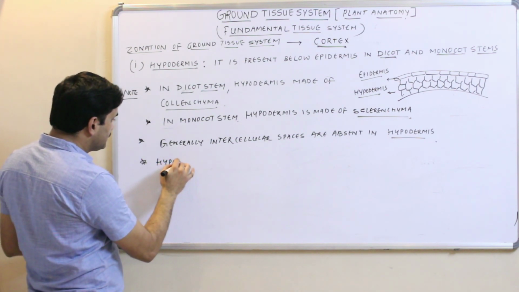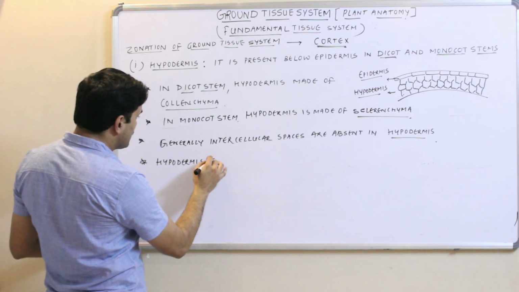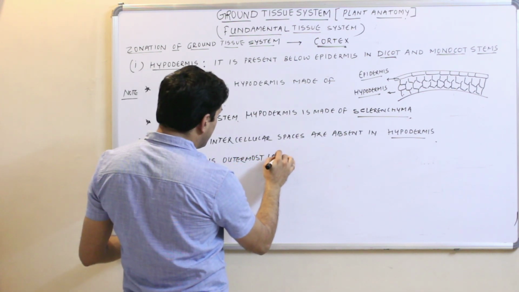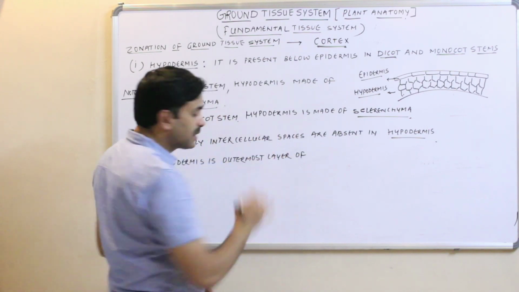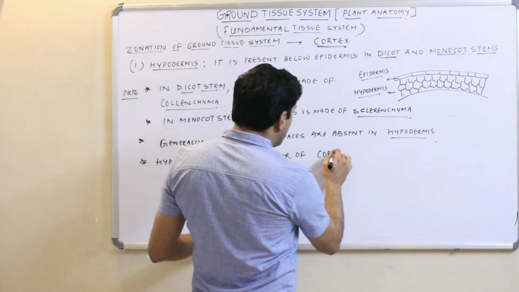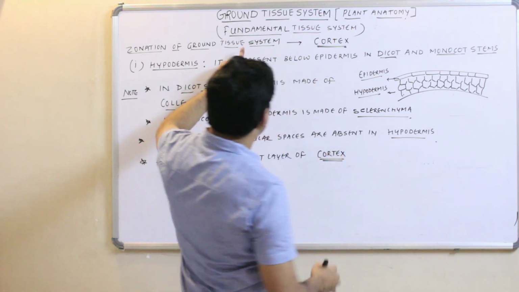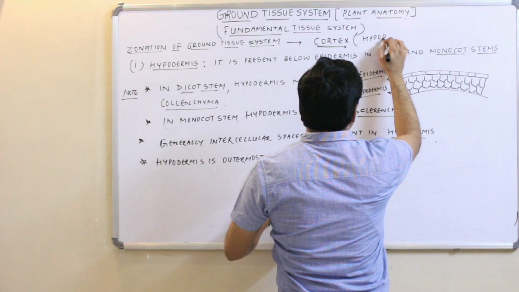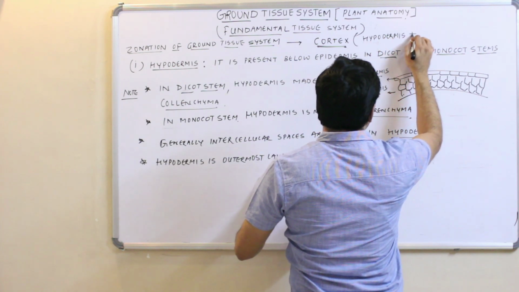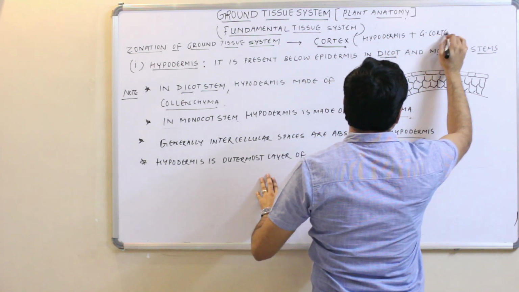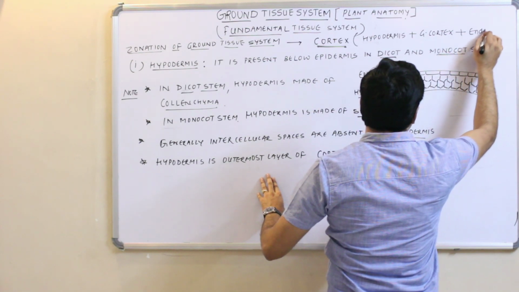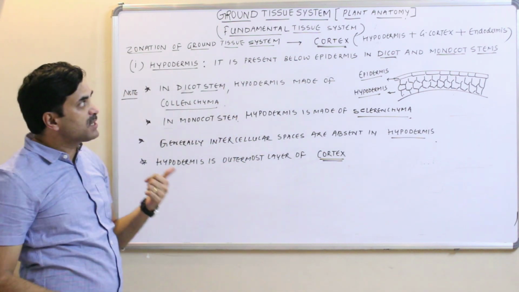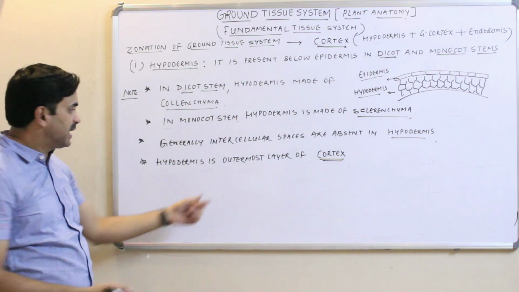Hypodermis is the outermost layer of cortex, because just now I have said that cortex is equal to what? Cortex is equal to hypodermis plus general cortex plus endodermis. Are you getting? So it is the outermost layer of the cortex.